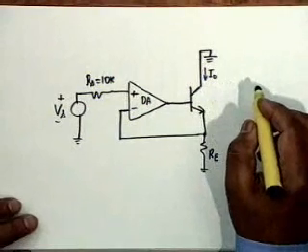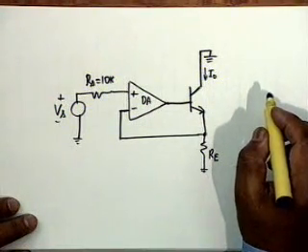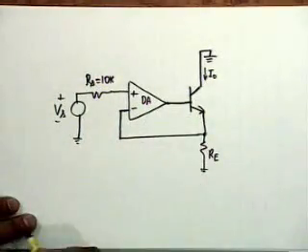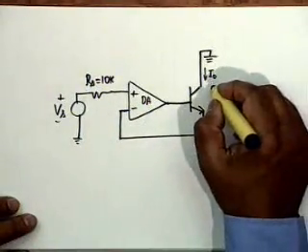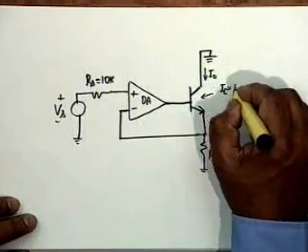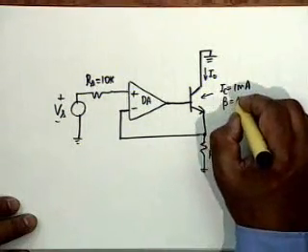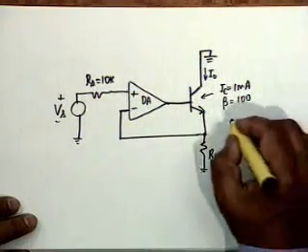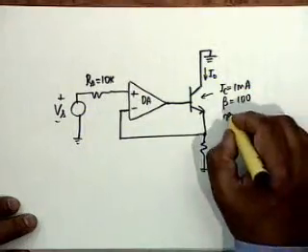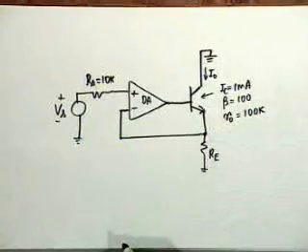What we have to find out will be shown later. But it is given that this transistor is biased at IC equal to 1 milliampere. And for this transistor, beta is 100, small r0, for a change, is given to be 100K. We will see how to take care of this.